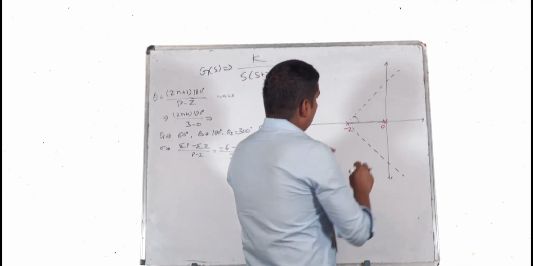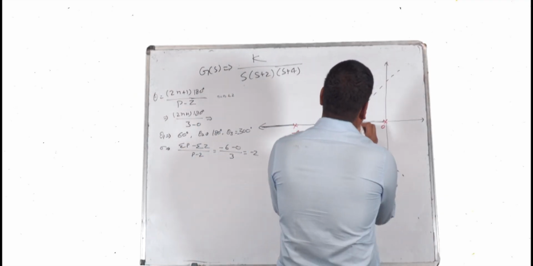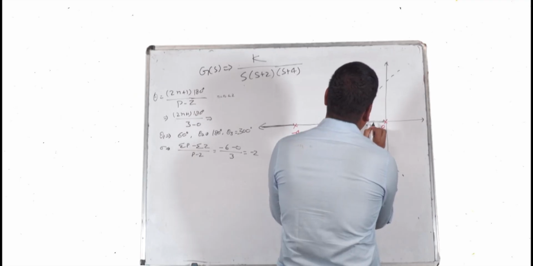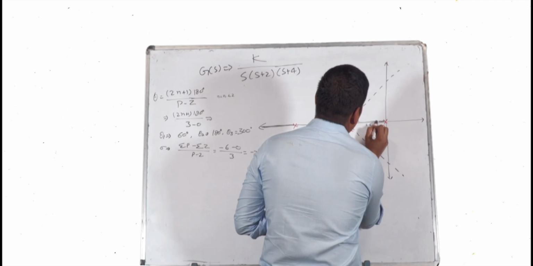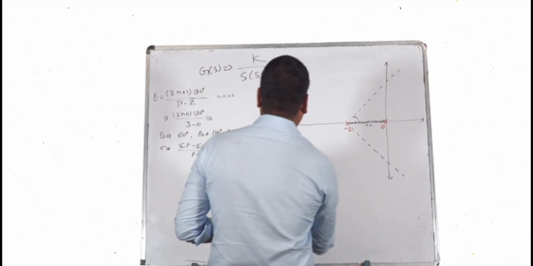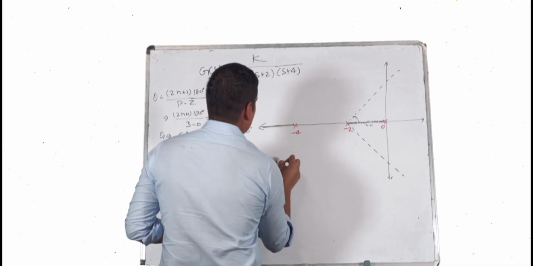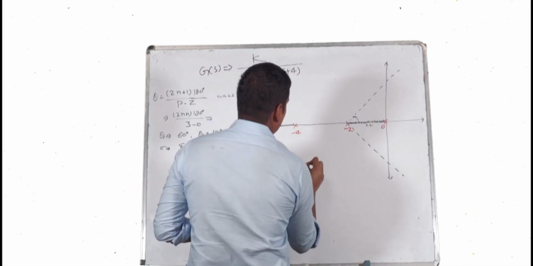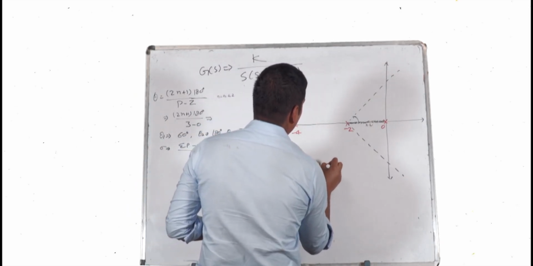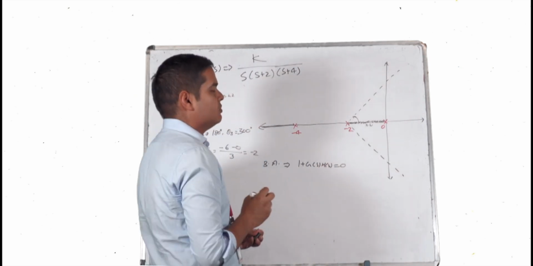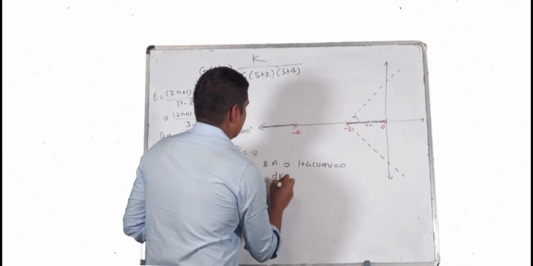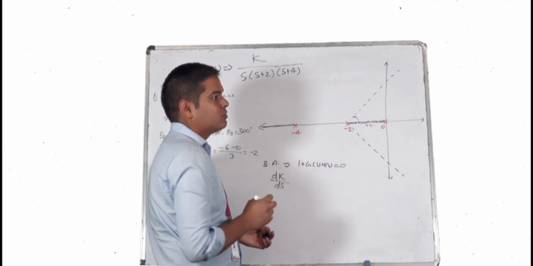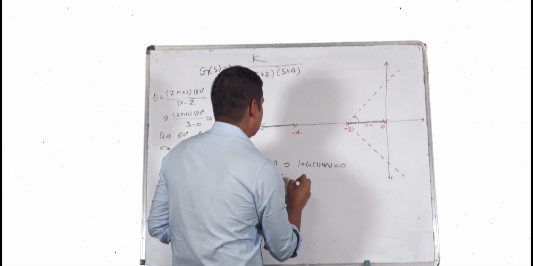And now about these two poles, the region in between is going to be part of root locus. So these two will move, and somewhere there will exist one breakaway point that can be calculated by putting 1 plus G(s)H(s) equals 0, that is the characteristic equation. We'll write the characteristic equation in terms of k, and we'll take the derivative of this gain k.